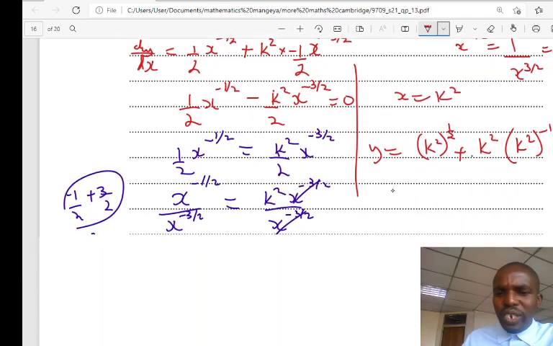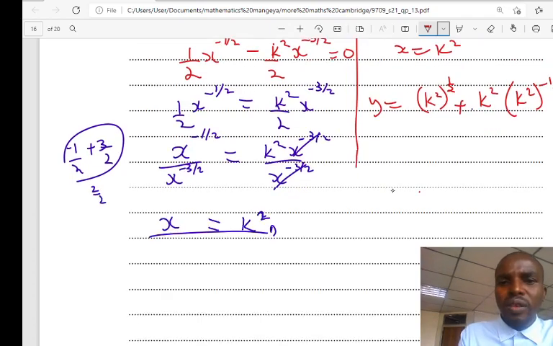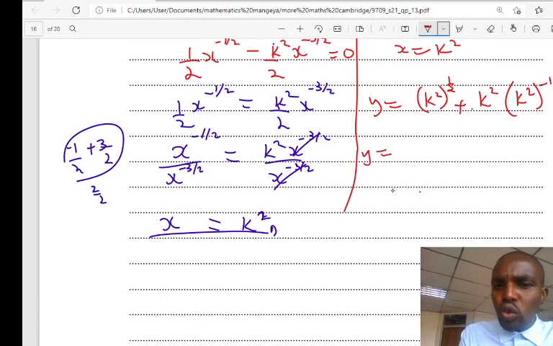So with this x, just put k squared. Then y is equals to k squared to the power half, which is k, plus k squared times k squared to the power minus half. Raising a power to another power, you maintain the base and multiply the powers, so this will be k to the power minus 1.